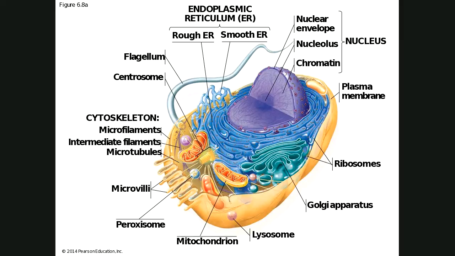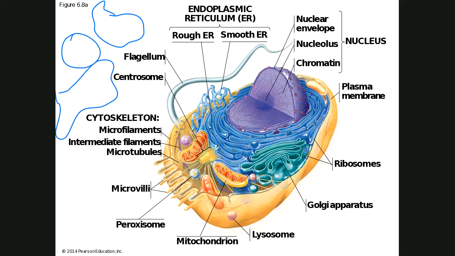But just because the artist drew that cell this way doesn't mean that's the way they always look. Sometimes animal cells will look more round. They have all kinds of shapes. They're not really a particular shape. I mean, they stay within constraints.